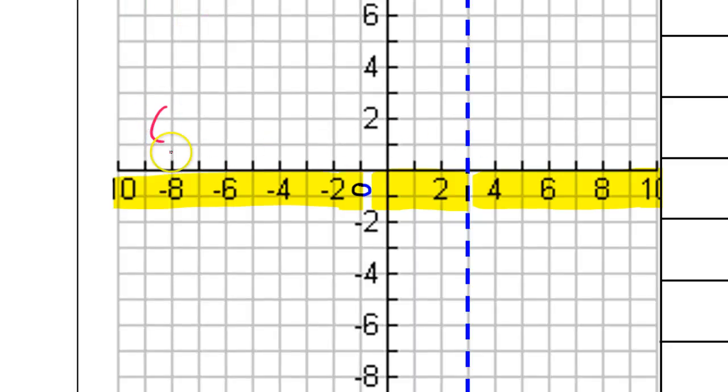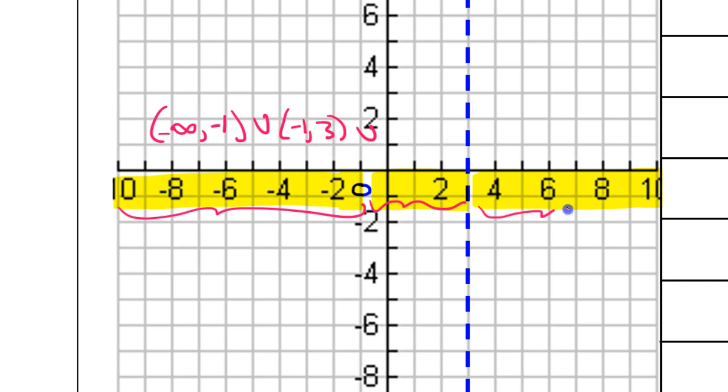I'll recopy this over there, but it's going to go from -infinity. Now the hole is at -1, so it's going to be -infinity to -1. Okay, that takes me from here to here. And now it's going to go from the hole to the asymptote. So that's going to be -1 to 3.